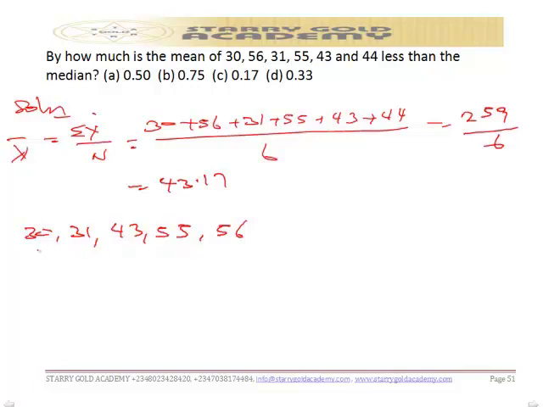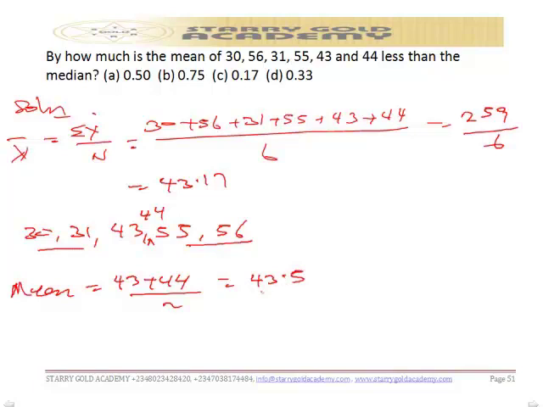So the median is equal to 43 plus 44 over 2, to give us 43.5.